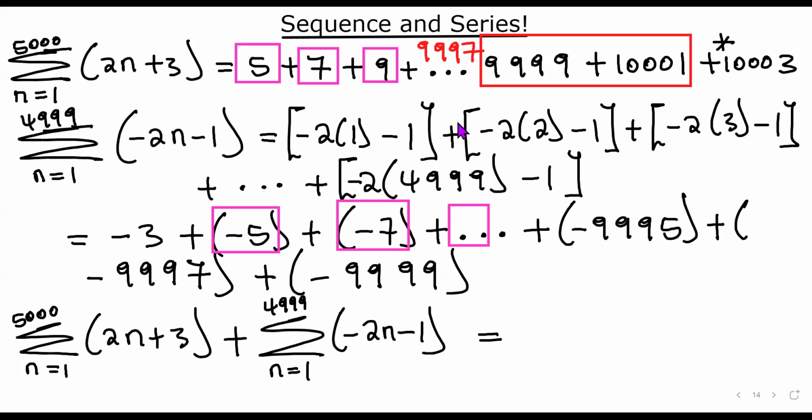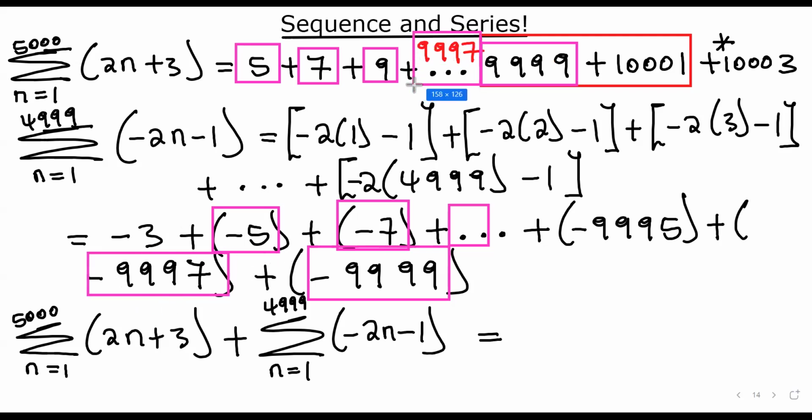Okay, fine. We keep on going further. The last term here is negative 9999, but here we have it as positive. So if you add them up, you simply get a 0. If you take this one, the second last, it's negative. If you add it to this fourth last, you're going to get a 0.